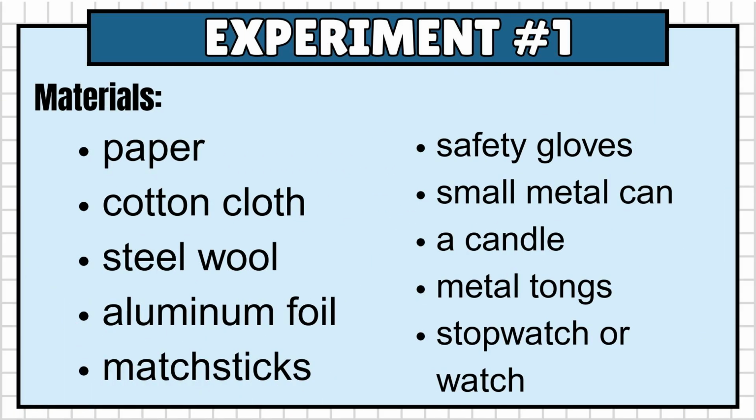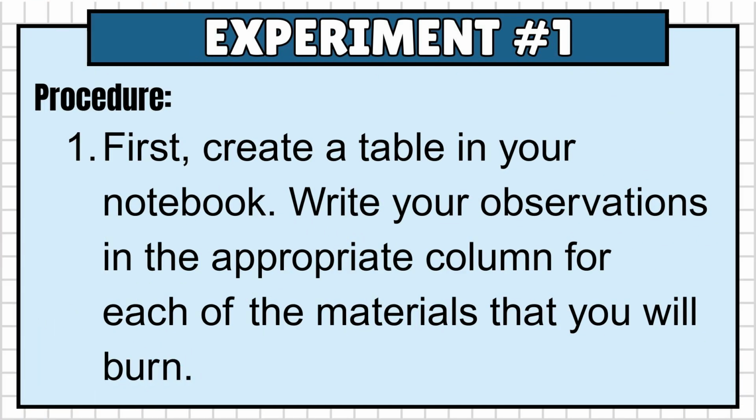Here are the materials in our experiment. Here are the procedures. First, create a table in your notebook. Write your observations in the appropriate column for each of the materials that you will burn.